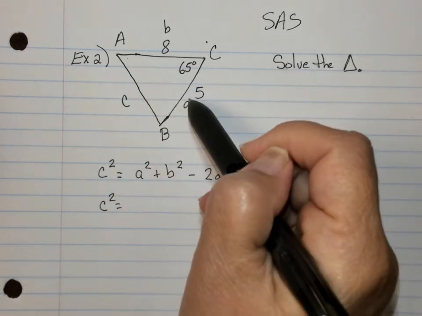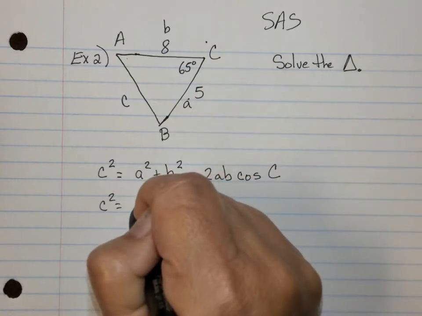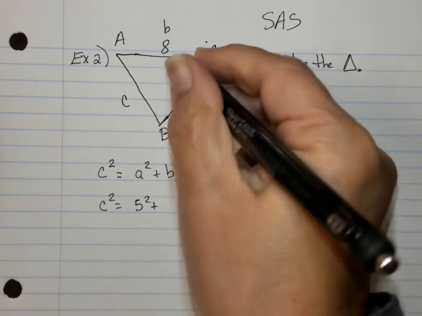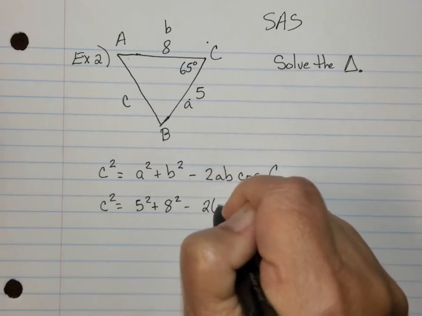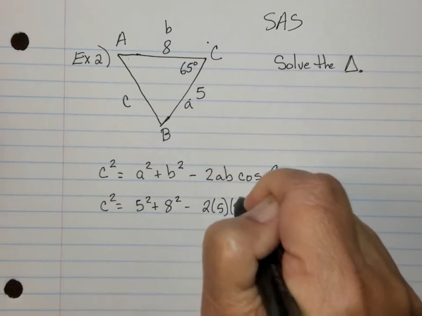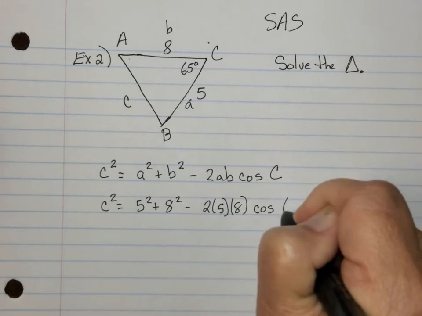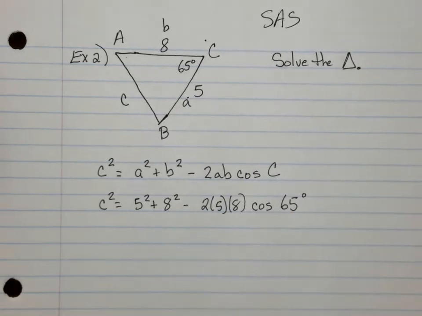Again, side A is across from angle A, so I've got 5 squared. Side B is across from angle B, I've got 8 squared, minus 2 times 5 times 8 times the cosine of 65 degrees.